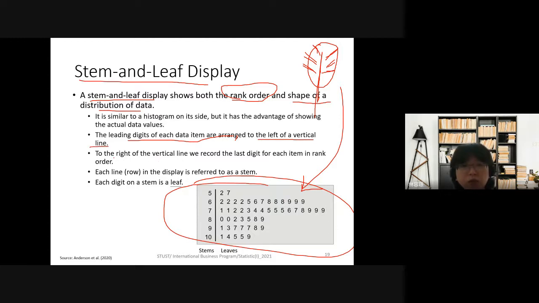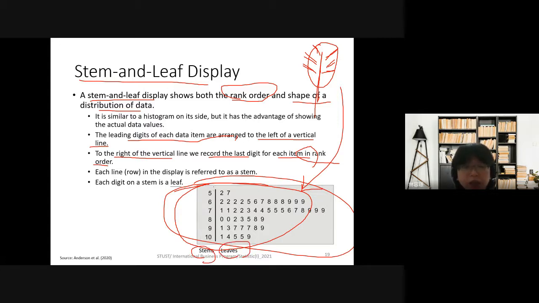To the right of the vertical line, they record the last digit for each item in rank order. Each line in the display is referred to as a stem, and each digit on the stem is a leaf. So usually you will find there are stems and there are leaves.